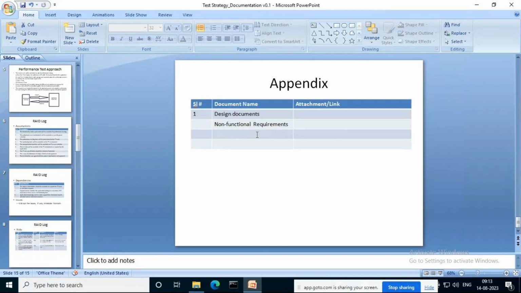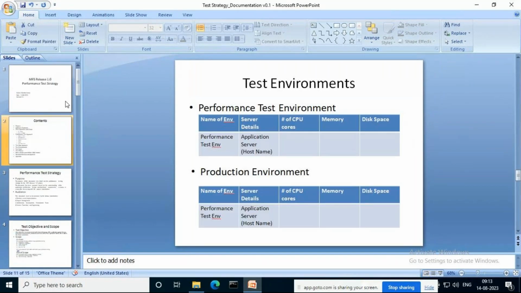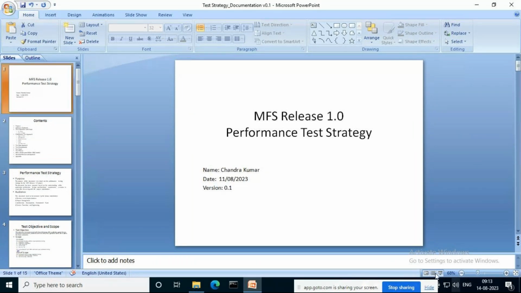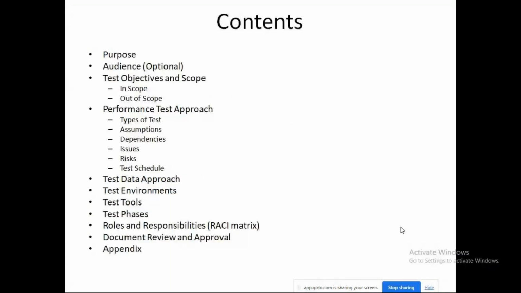Anyone having any queries on test strategy documentation? So let me quickly take you through the test strategy documentation again in brief. This is the title of your test strategy. Then you put the contents, whatever you are going to have in the test strategy document.